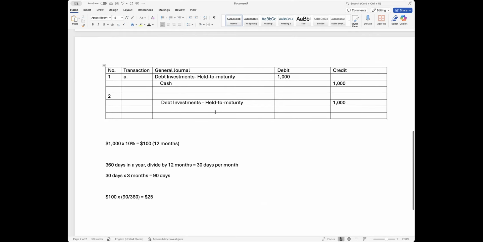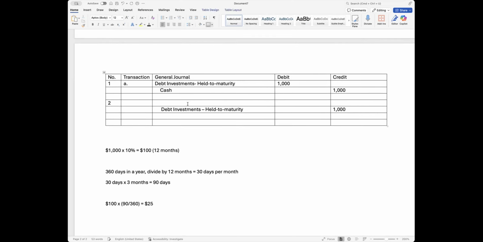So I know that Remed paid me cash of $1,025. And the other side of that entry is going to be interest revenue that I earned on this investment of $25. And that is my answer.